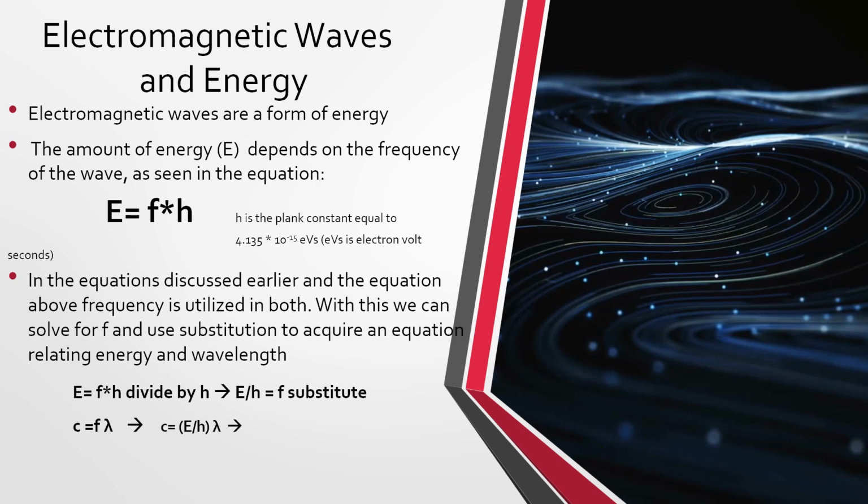Now we have the equation seen here. With that, we can solve for whatever we want. We can use it in this form, where we have the speed of light equals the energy times lambda, all divided by Planck's constant. Or we can solve for the energy, which equals the speed of light times Planck's constant divided by the wavelength.